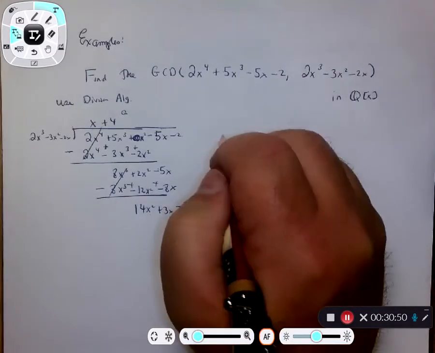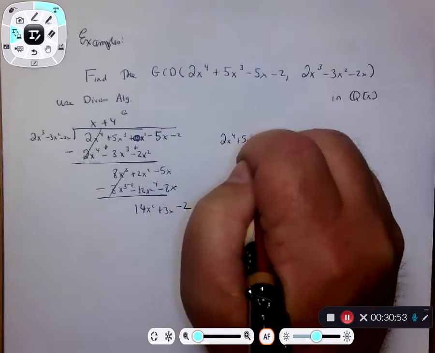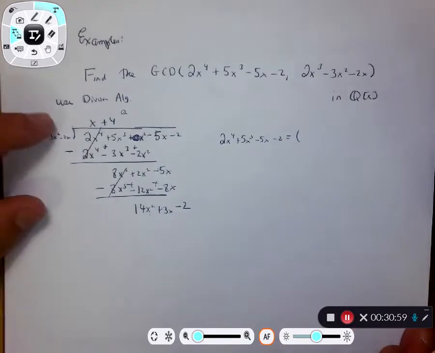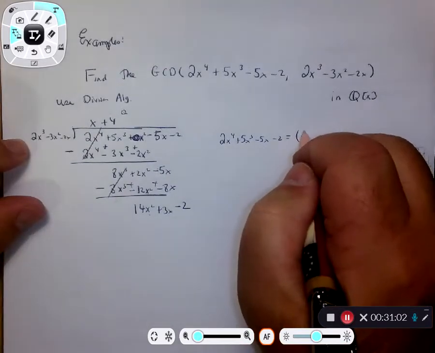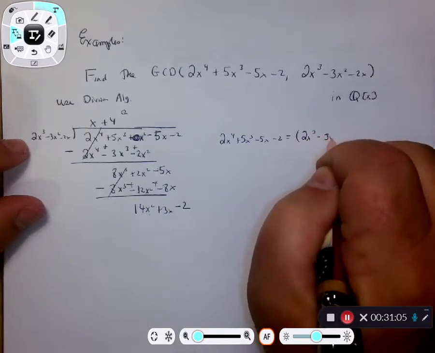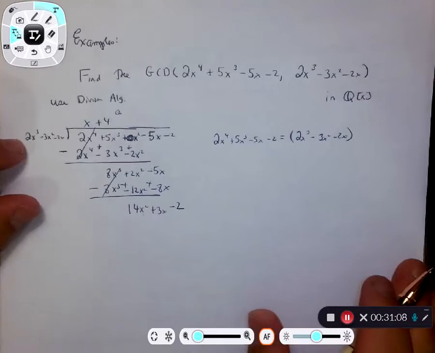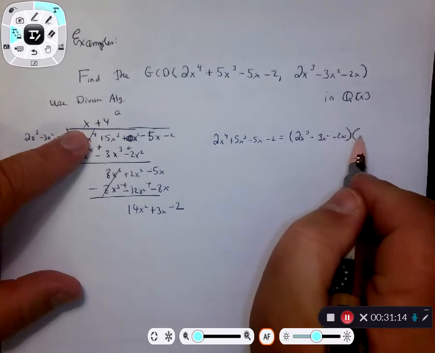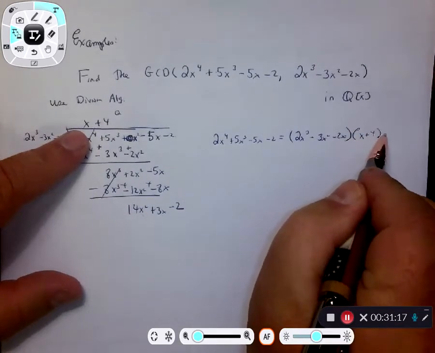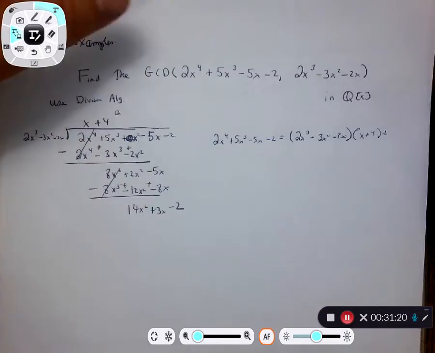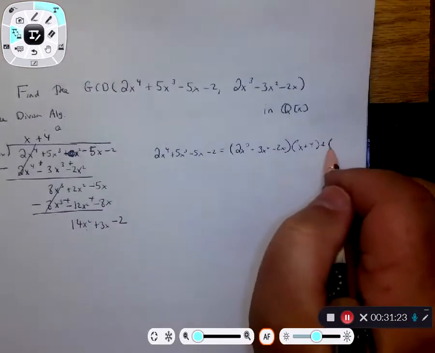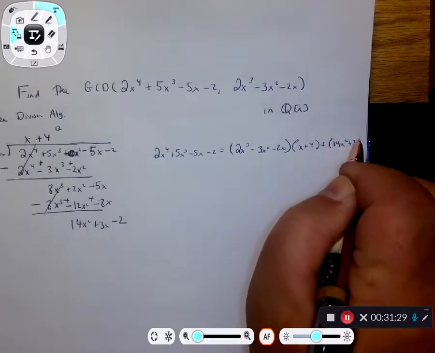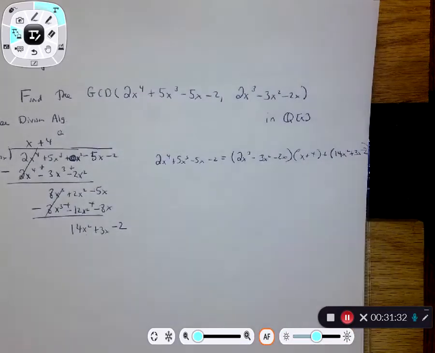The big polynomial, 2x to the fourth plus 5x cubed minus 5x minus 2, is actually equal to the divisor, which is 2x cubed minus 3x squared minus 2x, times the quotient, which is x plus 4, plus the remainder, which is 14x squared plus 3x minus 2, squeezing it in there. Okay?